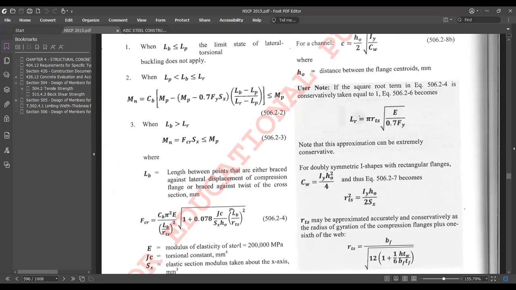I-write natin, we have CB pi squared E all over LB over RTS, then square root of 1 plus 0.078 JC all over SXHO, and then LB over RTS squared. Okay?